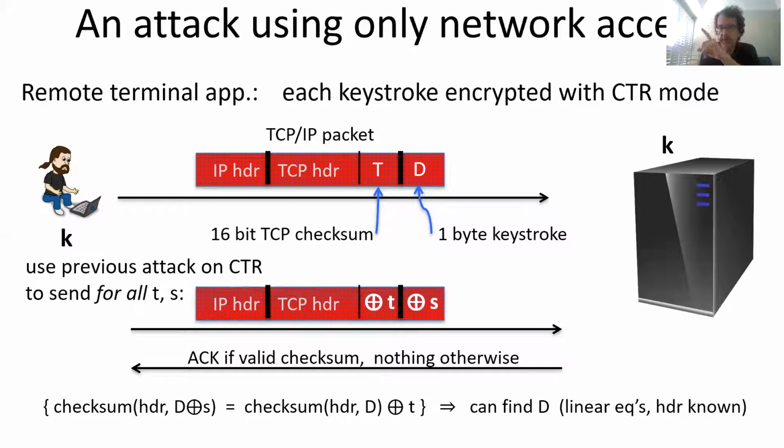And by observing how the box behaves on this related message, I get some constraints on the original message. So I'm learning information about the original message, actually figuring it out completely. And there is nothing known about the key.